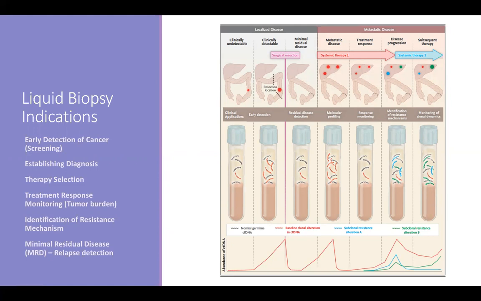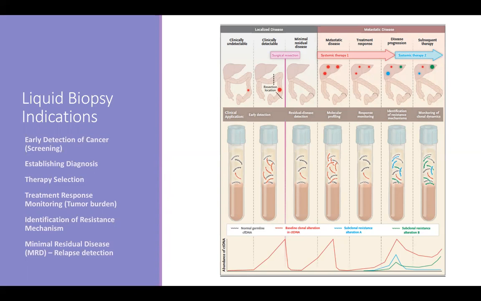Then you can use liquid biopsy to detect minimum residual disease, so we call it MRD detection. And then in metastatic disease setting, you use it for molecular profiling, therapy selection, response monitoring, and then at time of disease progression, you use it to identify resistant mechanism.